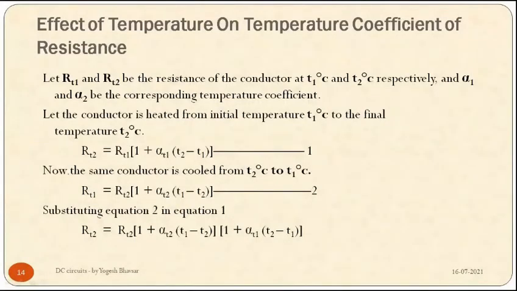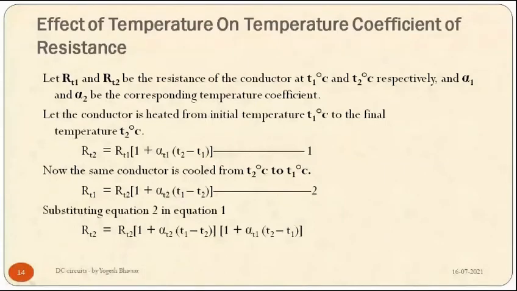Effect of temperature on RTC. Now we have to study the effect of temperature on RTC also in terms of equations. Let RT1 and RT2 be the resistances of the conductor at T1 degree Celsius and T2 degree Celsius respectively.